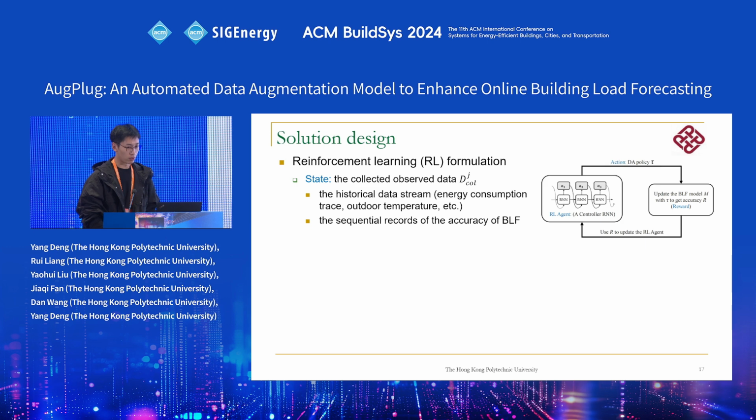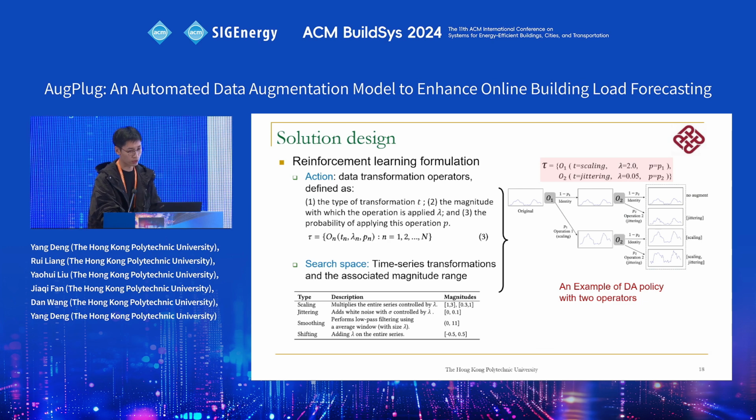The state is the observed data stream during the model deployment. It consists of two parts in our paper. They are the data from the building systems and the records of the forecasting accuracy. For the action, the policy tau expresses a list of data transformation operations that are conducted sequentially on the original updating set. The operator is defined with three parameters: the type of transformation, the magnitude, and the probability of applying this operation.